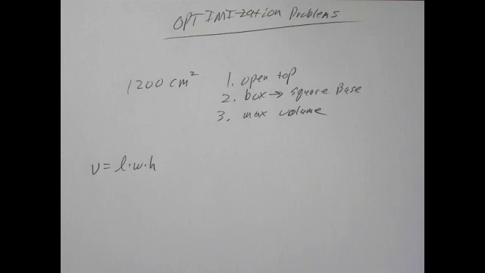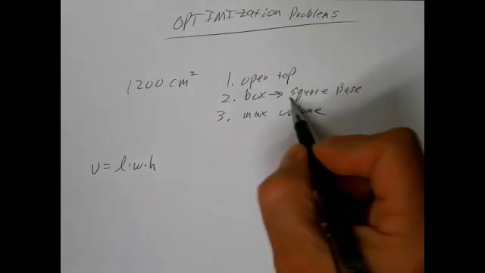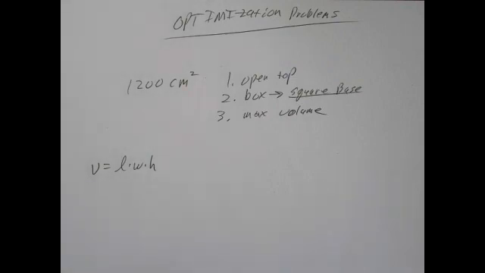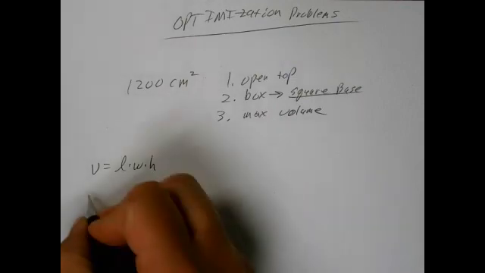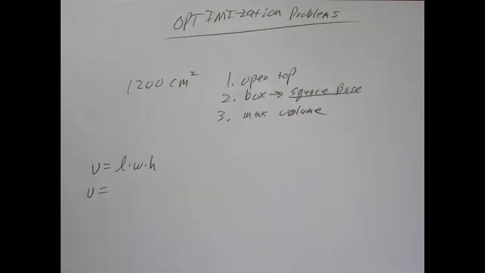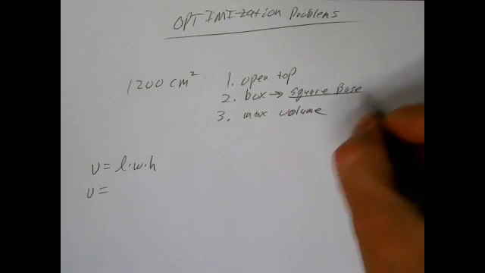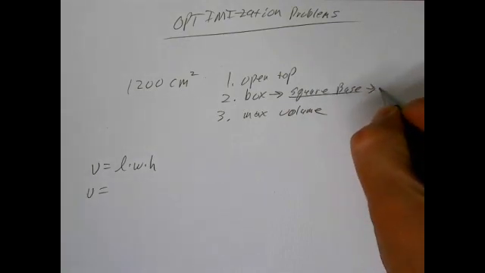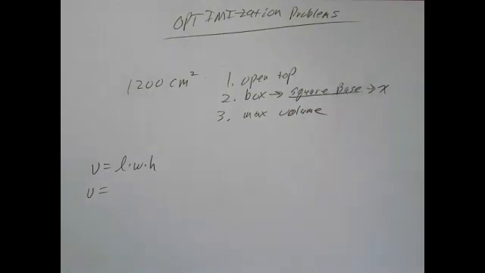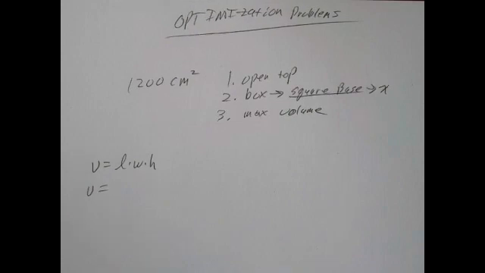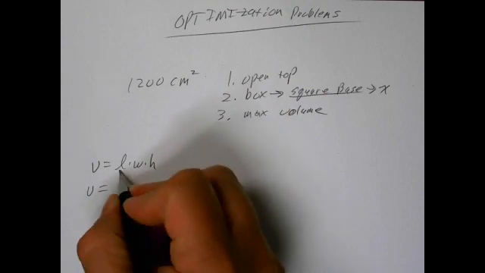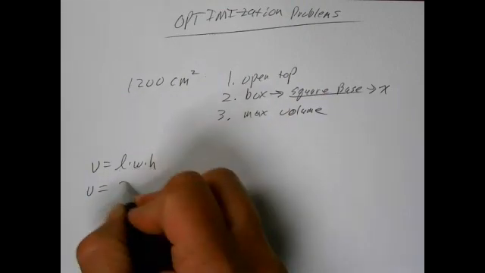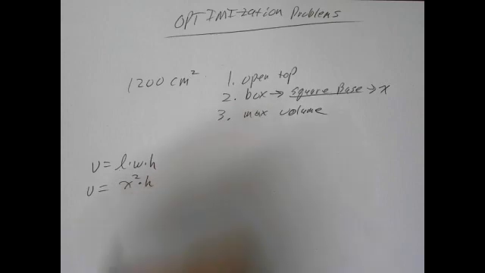But in this particular case, as I mentioned earlier, we have a square base. So this volume equation can be simplified. If we say the square base is just going to measure x, we're going to use x to represent the measurement of the base, then the volume equation becomes, instead of length times width times height, x squared times height.